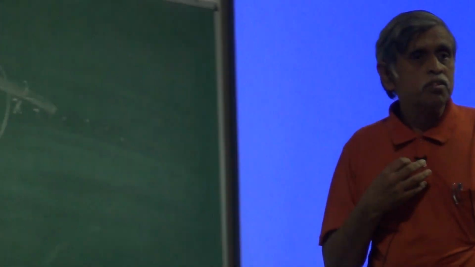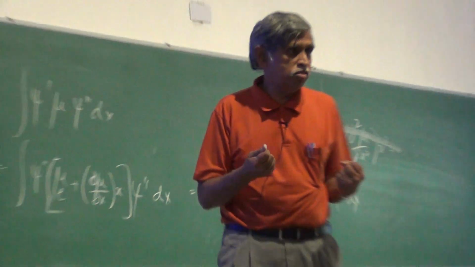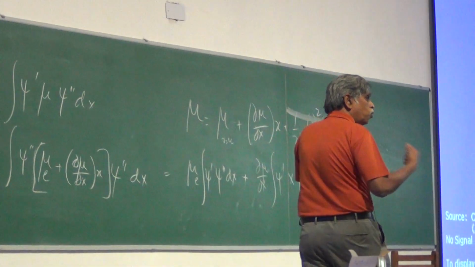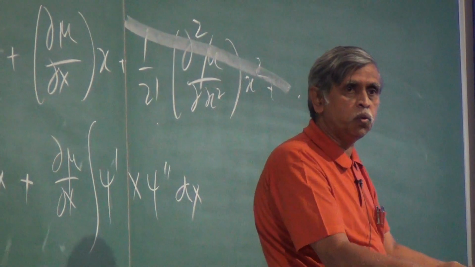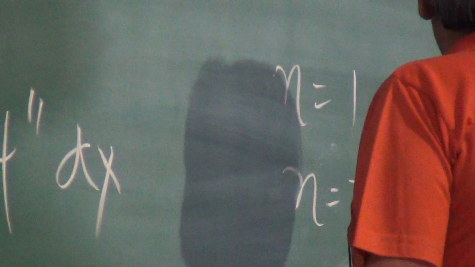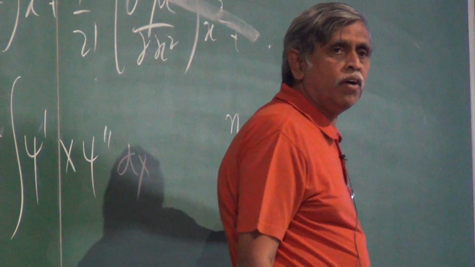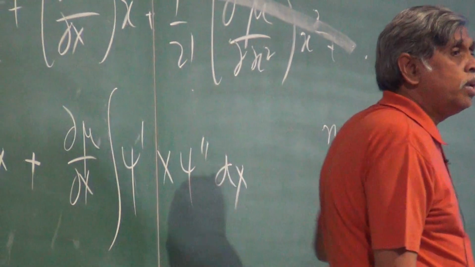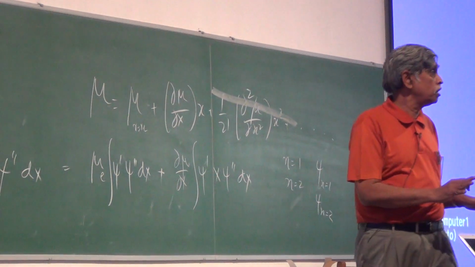And I don't know whether you were taught that if the operator is Hermitian and you have two levels, like the particle in the box, n equals 1 and n equals 2, this is the wave function for the n equals 1 level, and this is the wave function for the n equals 2 level. And these two levels have different energies. They are not degenerate functions, they are two non-degenerate functions.